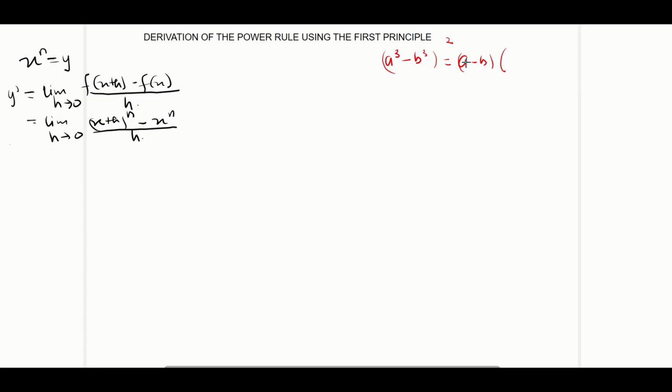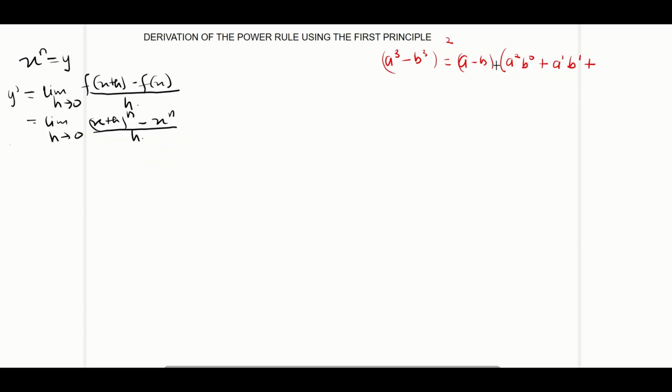A begins with the highest power, then b starts with the least power, which is 0. Then a starts decreasing while b increases. So when we decrease by 1, we have a to the power 1 and b to the power 1.